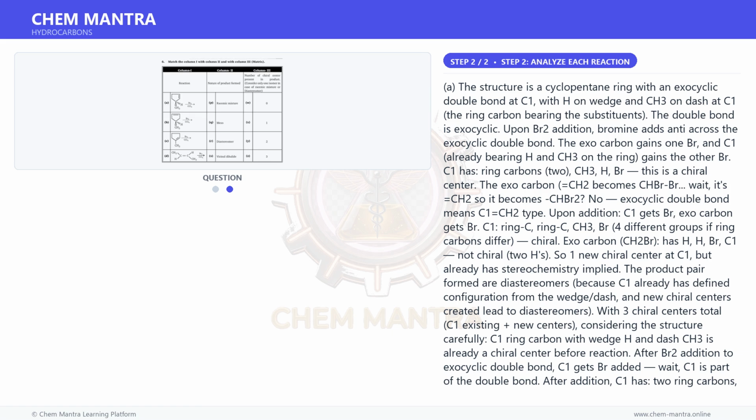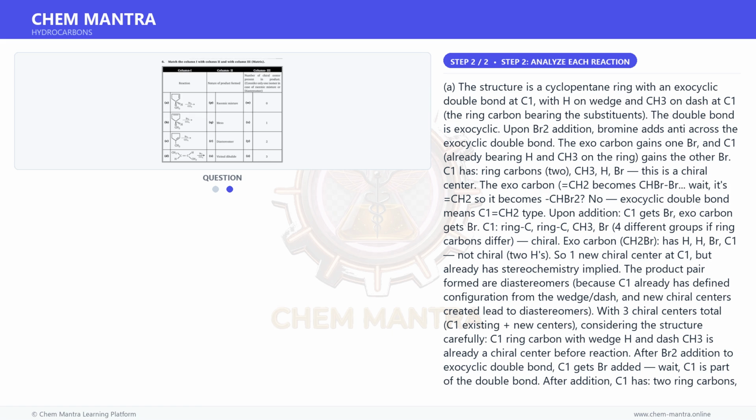C. Methylenecyclopentane with CH3 on the exocyclic double bond carbon, 1-methylenecyclopentane with methyl. Actually it's cyclopentylidene, C=CH-CH3 exocyclic. The exocyclic double bond is C1=CH-CH3.